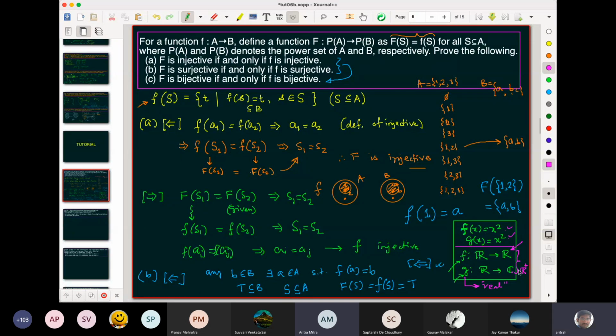Yes, let's say he includes 0 also. Let's say only positive real numbers, including 0. Okay, but definition wise, these two will be different.